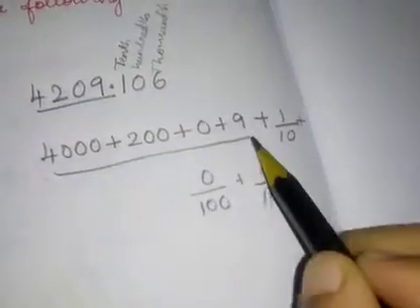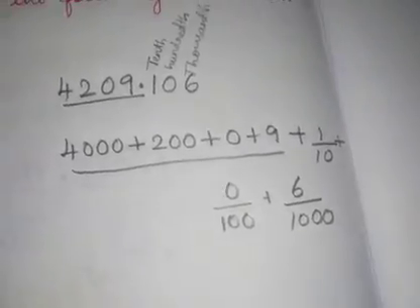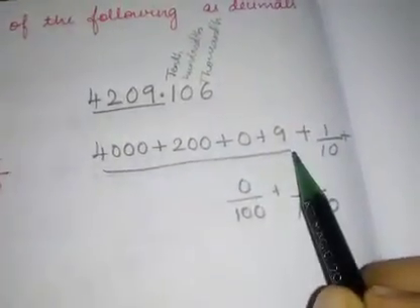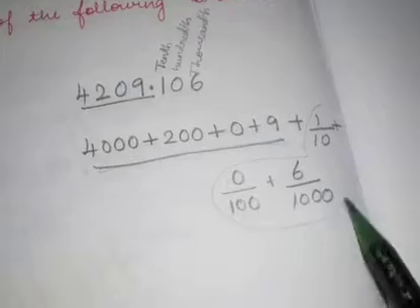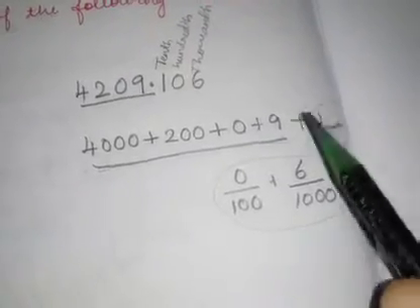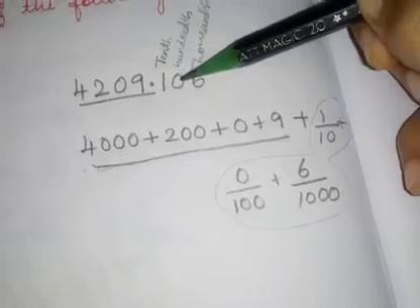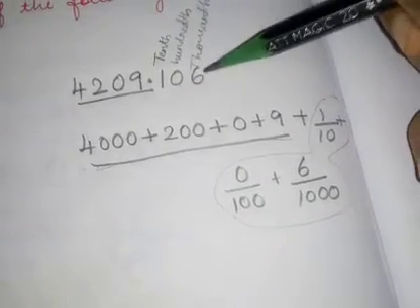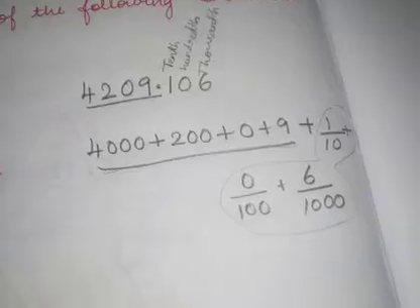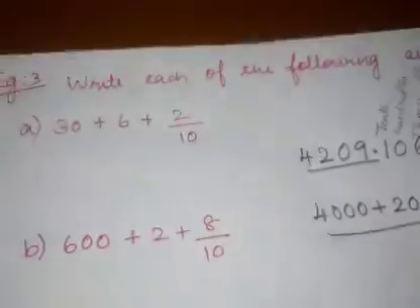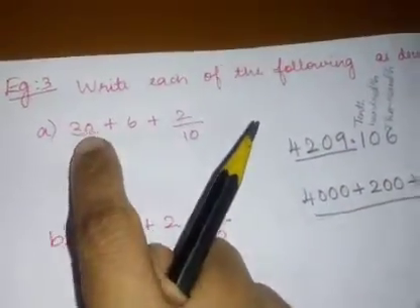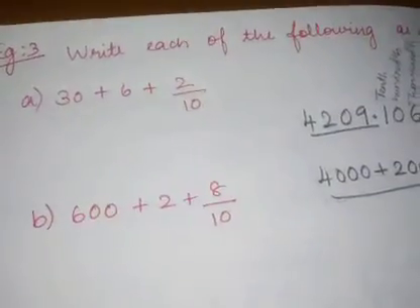So this is how you will do the expansion. So the whole part is the usual expansion, then the decimal part you should do these things. Okay, tenths means that number divided by 10, hundredths means that number divided by 100, thousandths means that number divided by 1000. That's all.